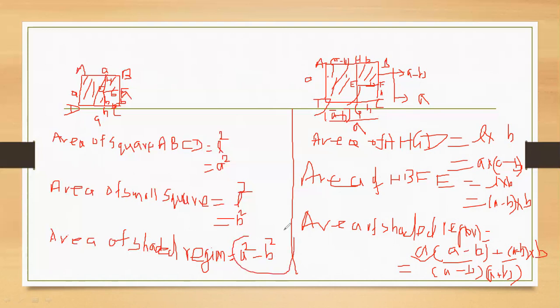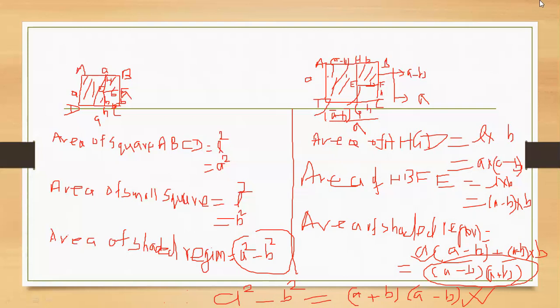That's why A square minus B square will be equal to, therefore, A plus B into A minus B. Like this we find that A square minus B square is equal to A plus B into A minus B. Like this the formula comes, okay children. I hope you understood this.